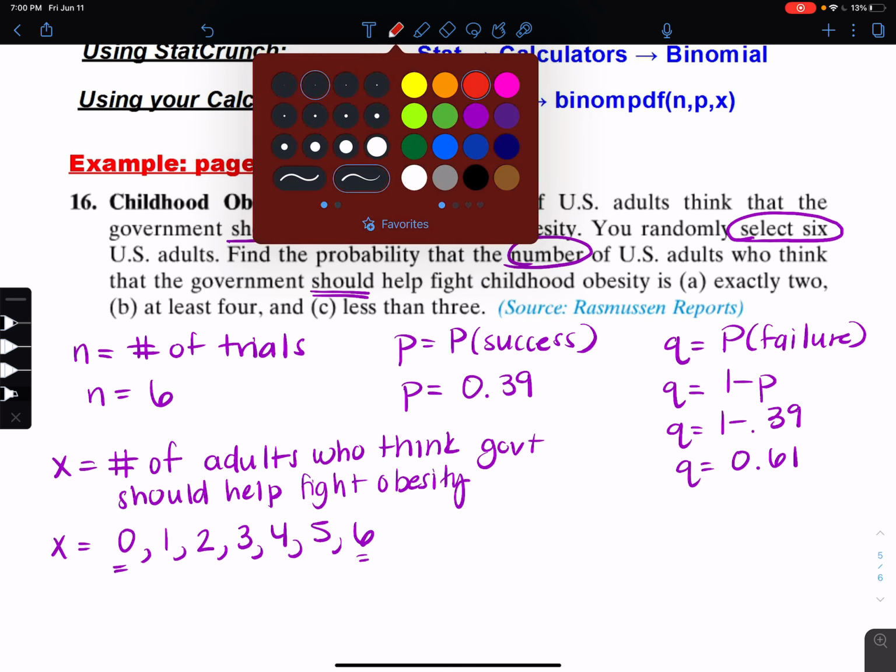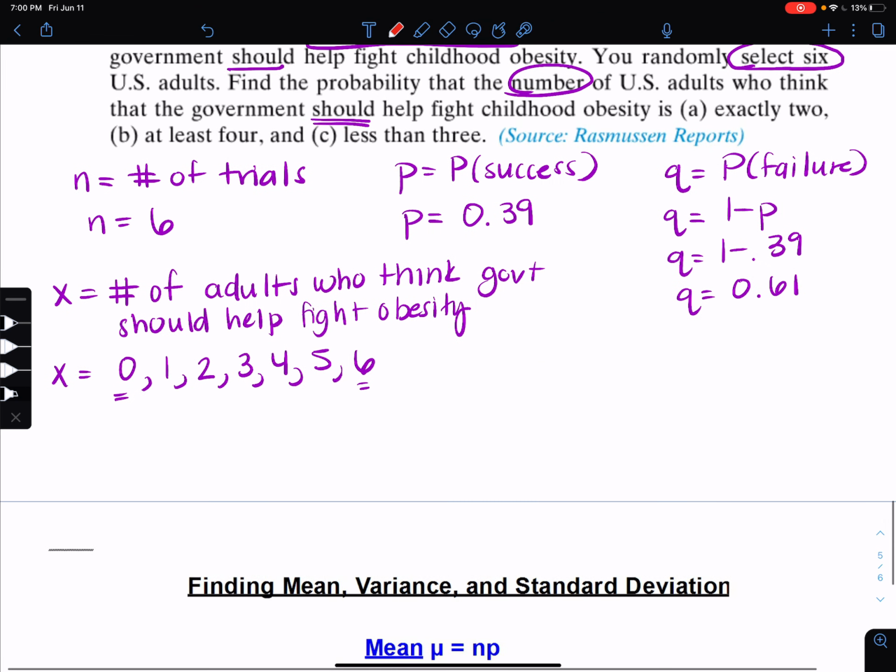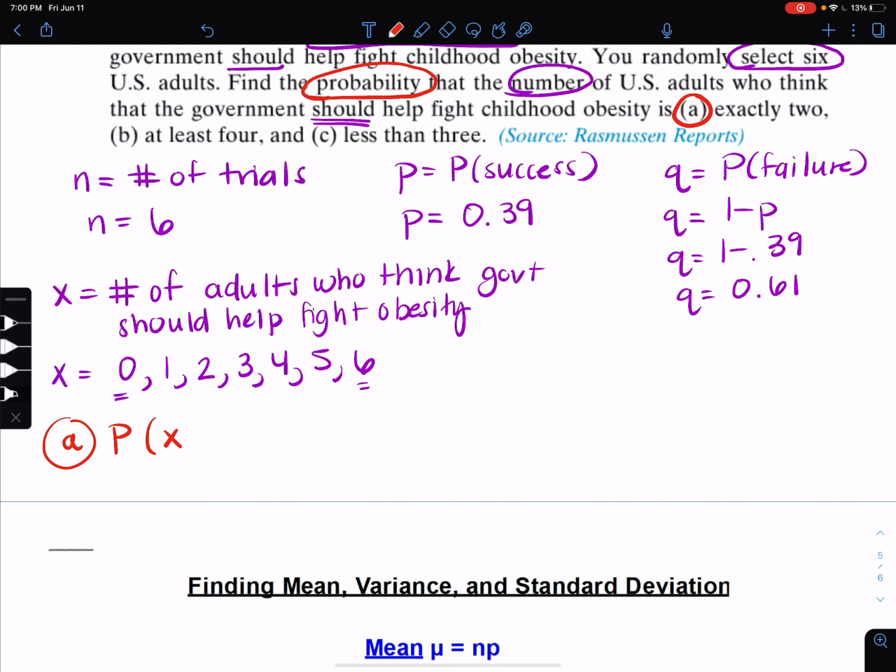Now, what I can do if I have a binomial experiment is use the binomial distribution to find the probability for a particular value of X. For example, part A says find the probability that the number of adults who think the government should help fight childhood obesity is exactly 2.